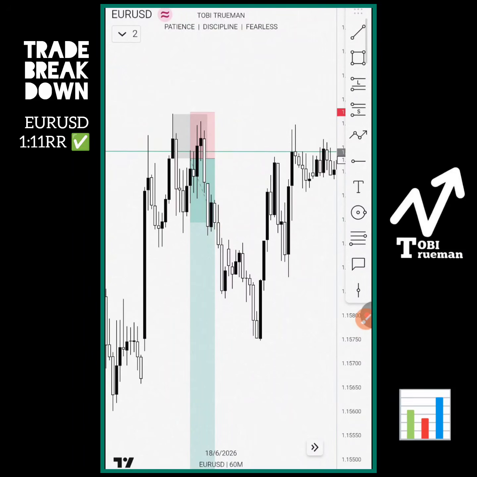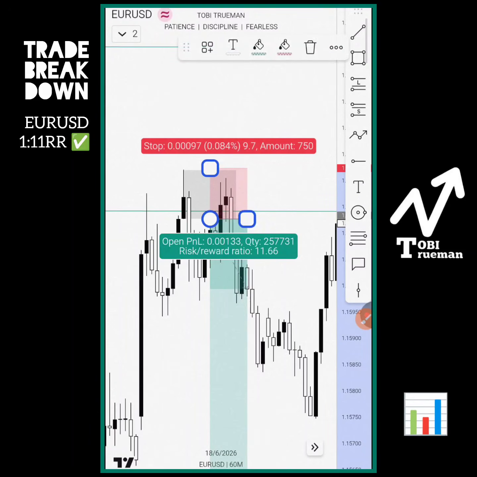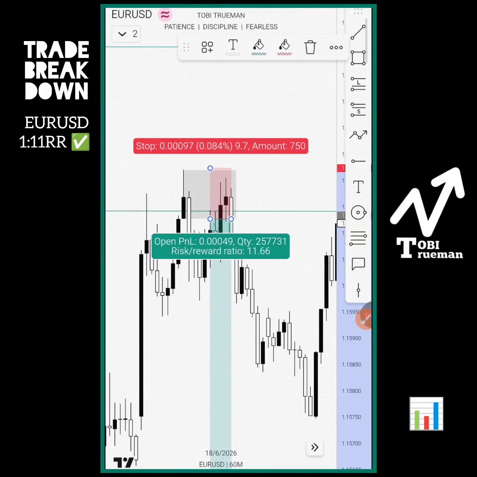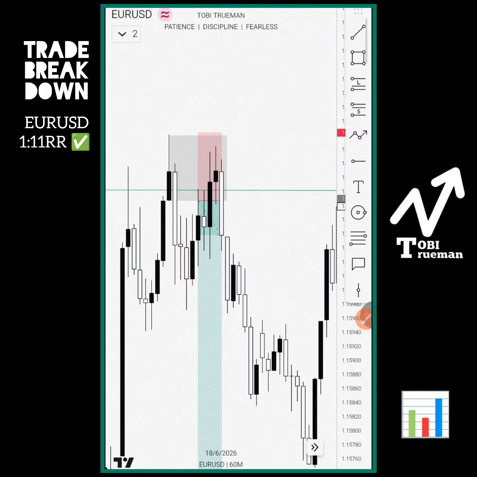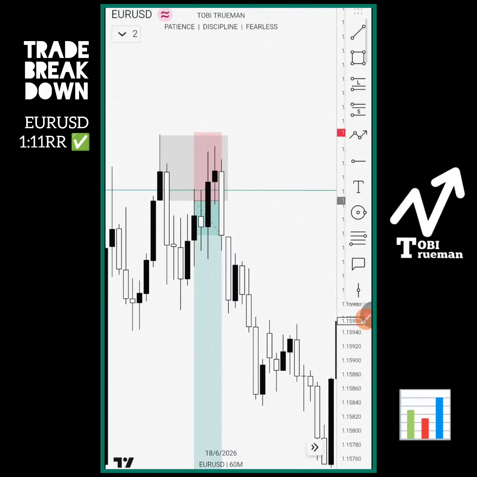and this trade ought to give us 11.66 RRR. But on my own part, this is what happened. At the time I noticed this trade, because I was very busy, this particular demand supply zone had already been tapped, and price had already come down to this area.